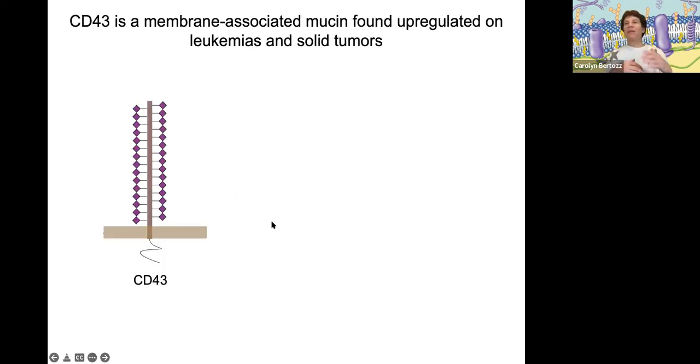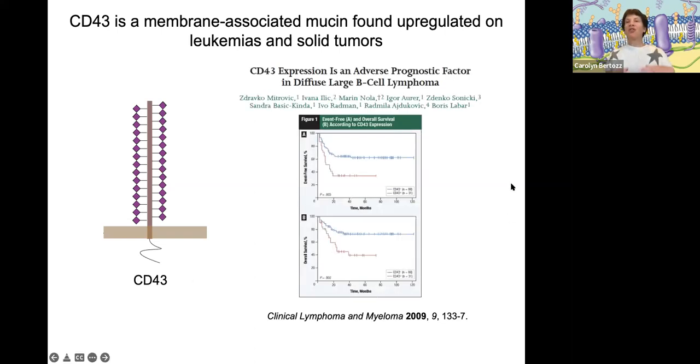So a mucin is a glycoprotein that has lots of serines and threonines that are clustered over extended regions of the protein that are all modified with glycans. And a consequence of having these dense clusters of O-glycans is that mucins have an extended rigid structure and they kind of stand tall on the surface of cells kind of like the giant redwood trees of the cell surface. And CD43 is an example of a mucin that actually has a long-standing association with cancer.